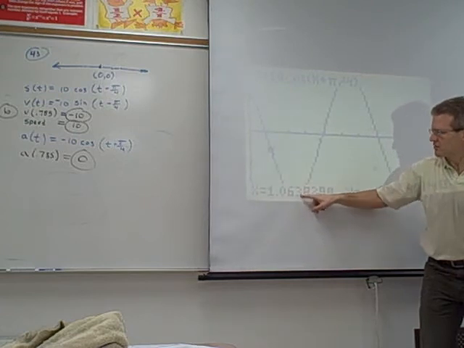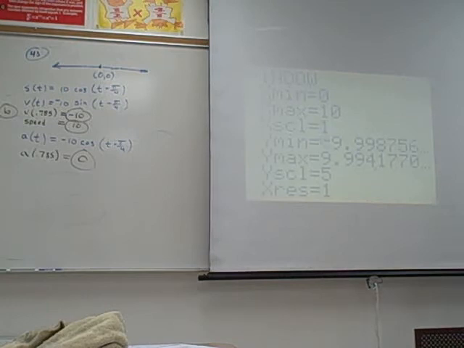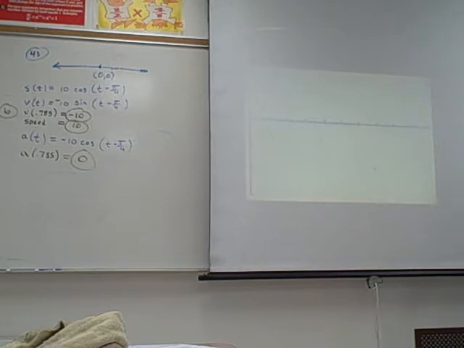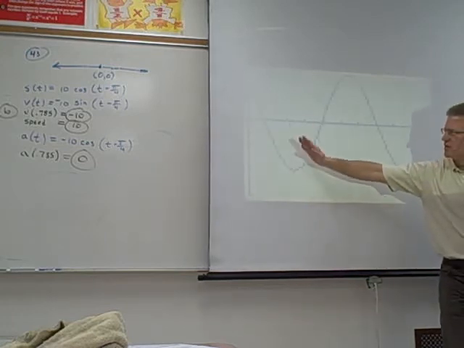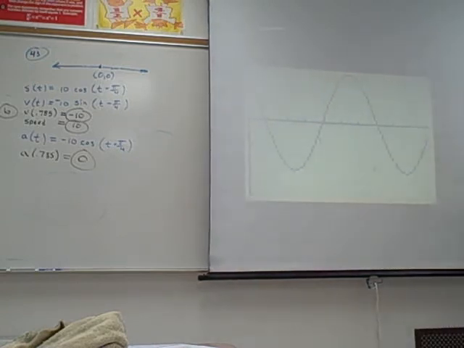And I can't see, that number's covering it up. I'm going to change my window a little bit. Go to window. Let's make my Y-min a little bit smaller. Instead of negative 9.9, I'm going to go like negative 15. That gives me some empty space here. Let's find that minimum. Here the particle's moving left, right, left, right. So second trace, number 3 for minimum.